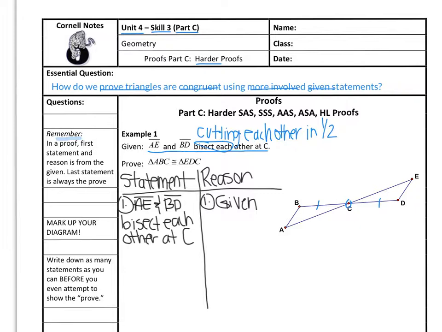And we can also say that AC is congruent to CE, because AE is cutting BD in half and BD is cutting AE in half, making C that midpoint.